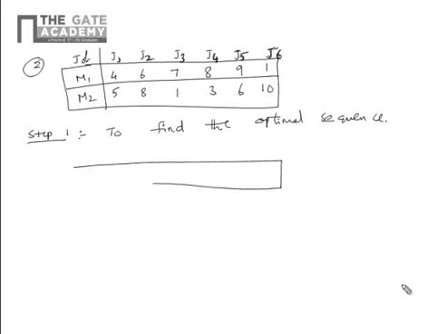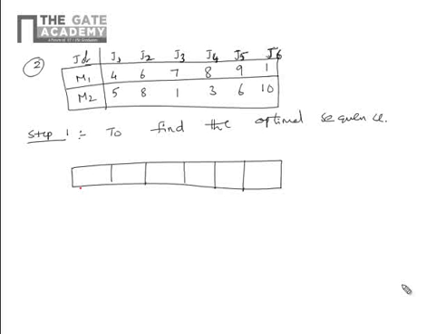Optimal sequence, six jobs: 1, 2, 3, 4, 5, 6. The least processing time is 1. It is there with both machine 1 and machine 2.